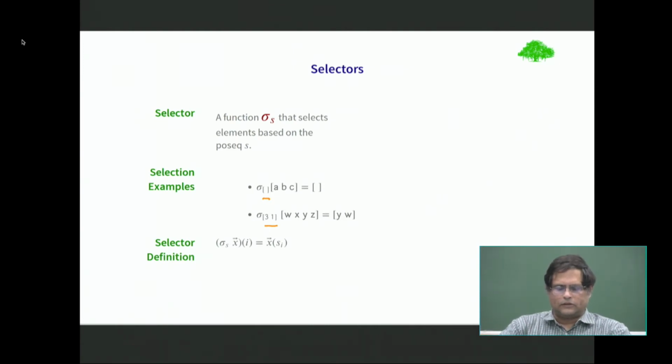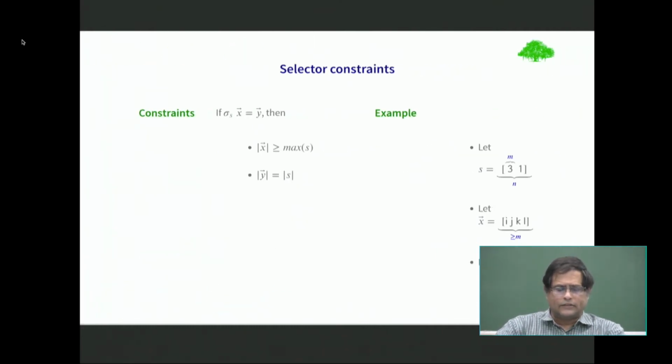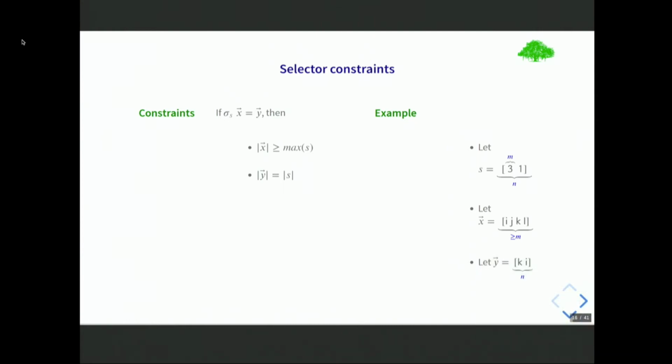Here you pick the third and the first element, which is y and w. So again, the constraint is that if you're applying the selector on something, the length of that thing should be at least equal to the maximum element in the POSEX that is defining the selector.